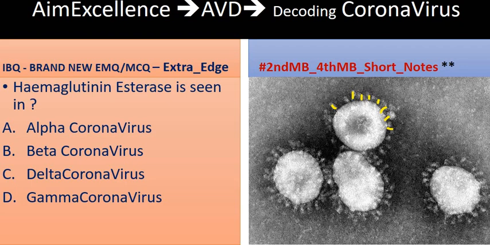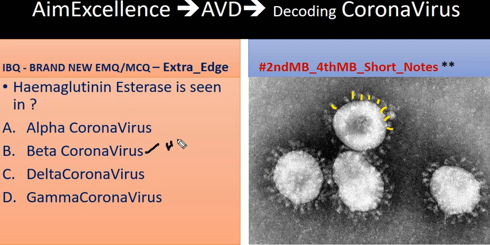But what is hemagglutinin esterase? You are seeing these bulbous projections, and the projection is actually very short in one of them, and that is beta coronavirus, also known as murine coronavirus. That is actually known as hemagglutinin esterase.